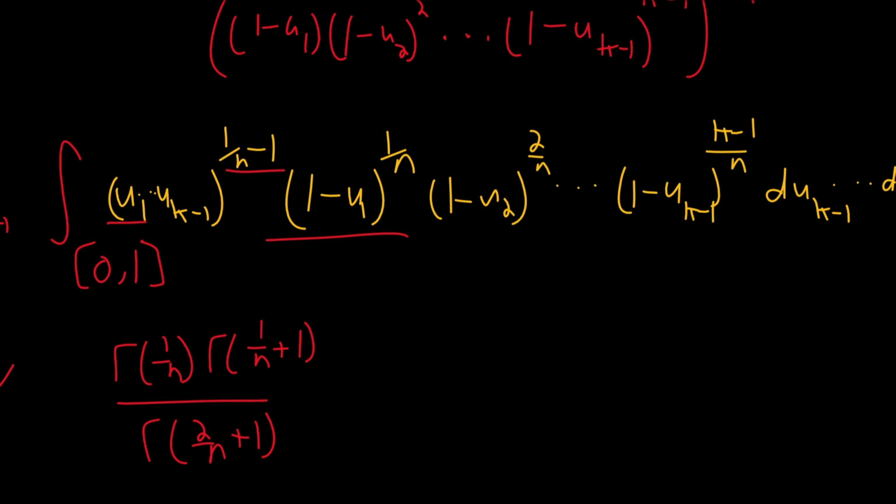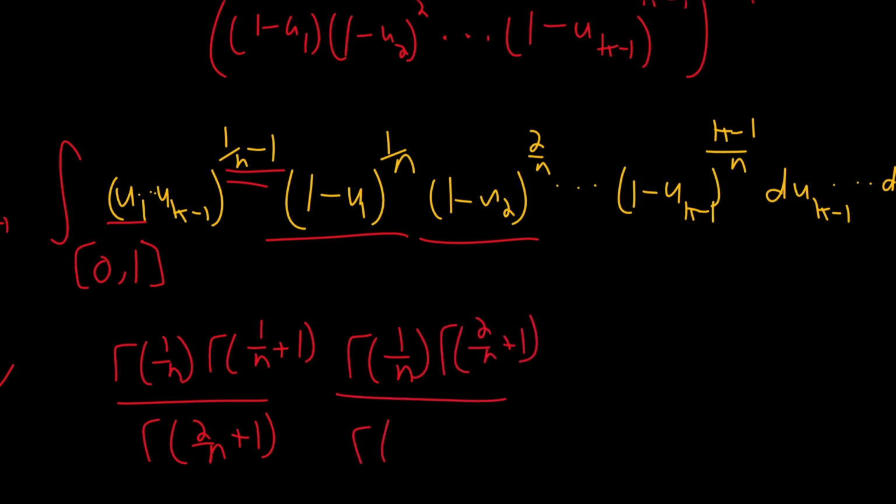We just separate it and integrate each part of it with respect to each corresponding u. Meaning that the next one with u2 in it is just going to be gamma of 2 over n. Or actually, for consistency's sake, I'll stick with this right here first. So 1 over n, and then gamma of 2 over n plus 1, divided by gamma of 3 over n plus 1, because we just add those two right there.